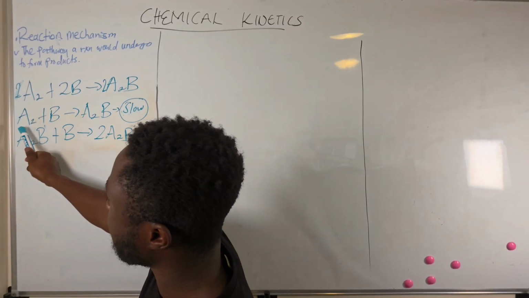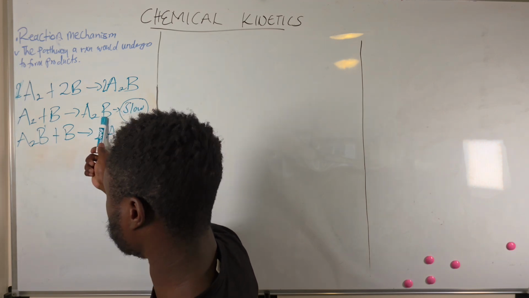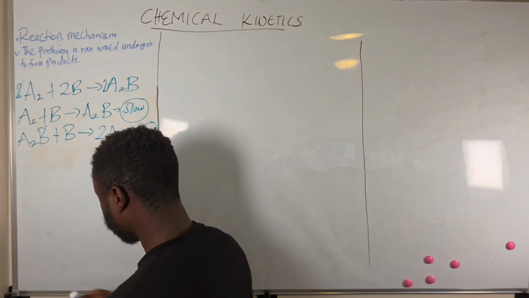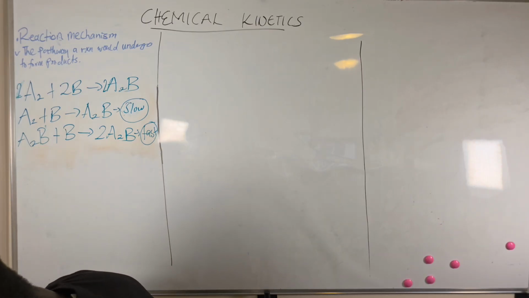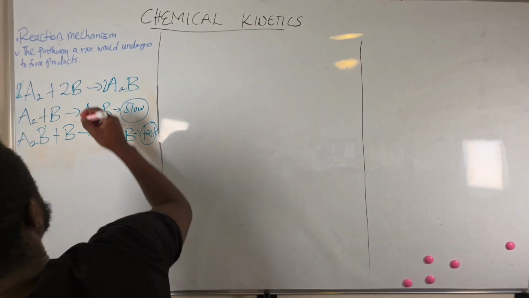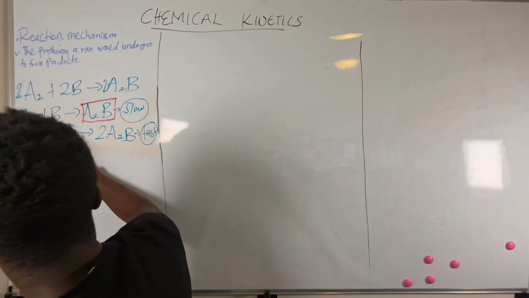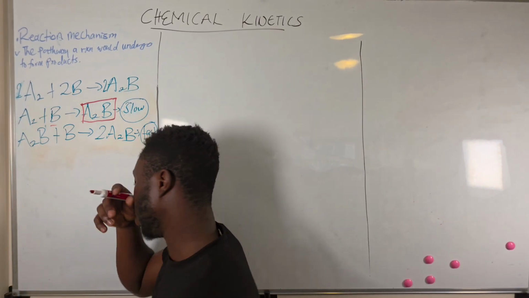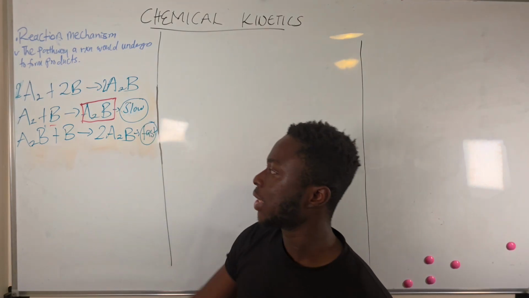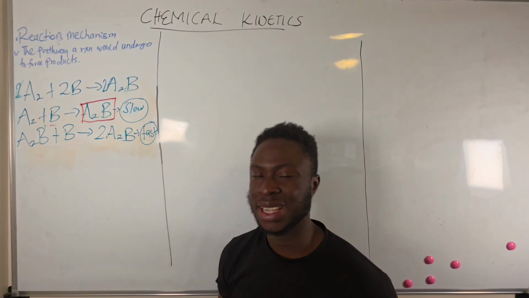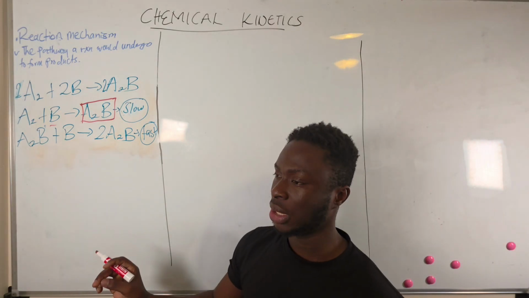One is 1 mole of A2 combining with 1 mole of B to form A2B. The product formed here would then combine with B again to form 2AB, and it will be a fast reaction.